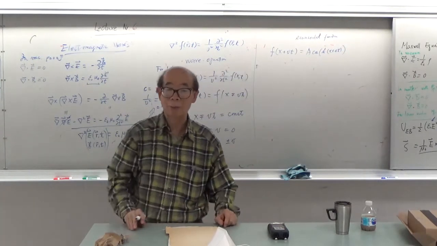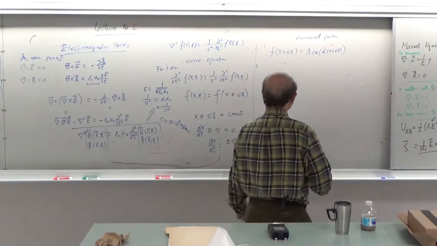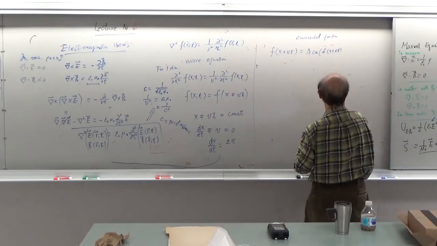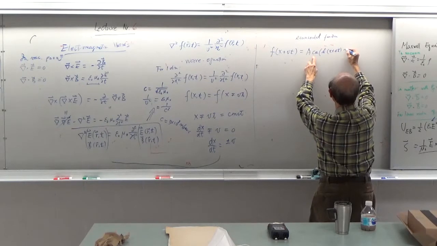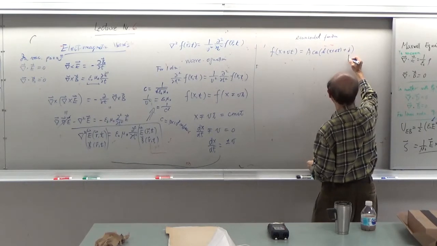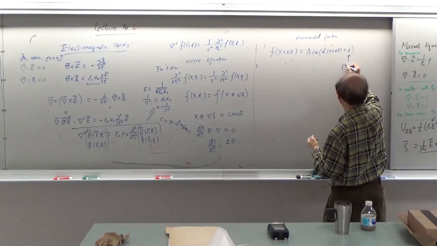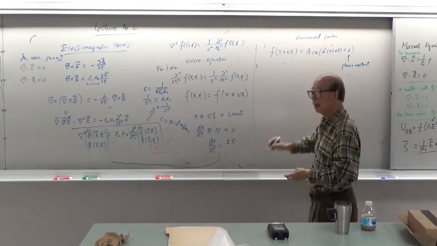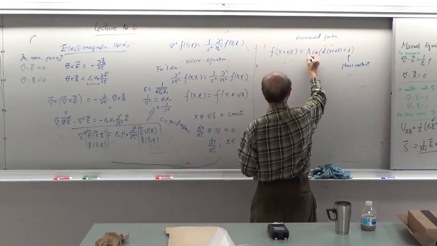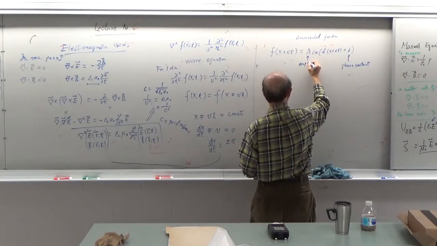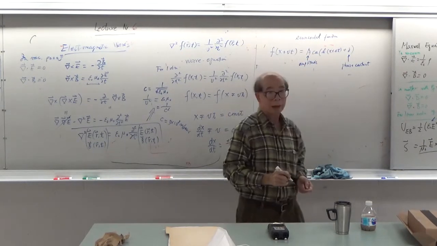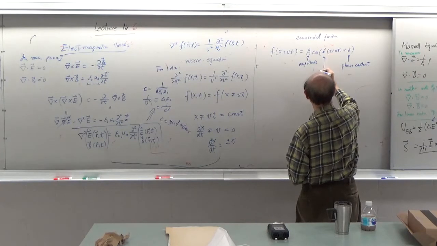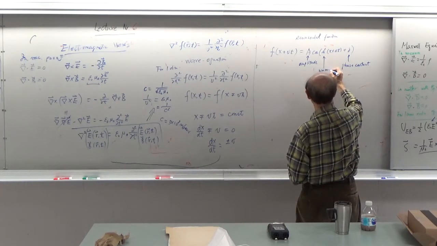This is the most familiar form of the wave equation. In general, in fact, there could be a constant phase inside the cosine, plus delta. This delta, as a constant, is known as the phase constant. A is the amplitude. And k is known as the wave number.